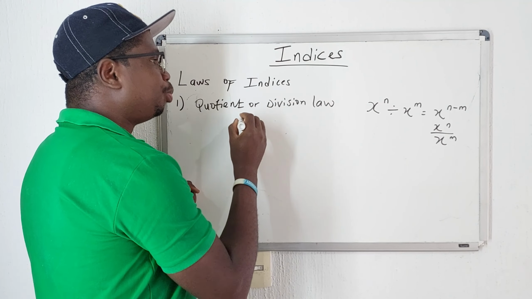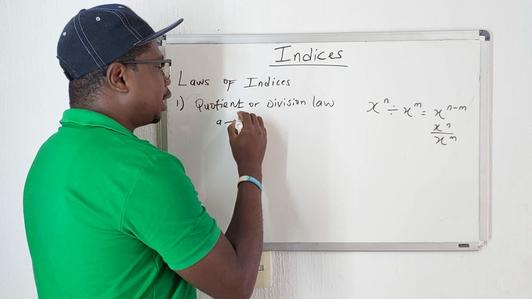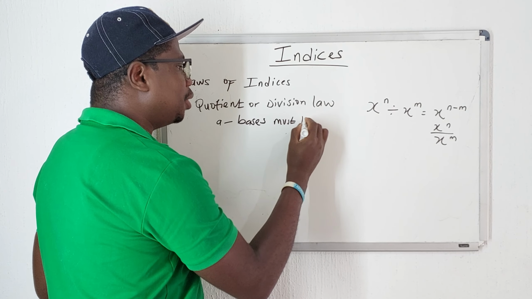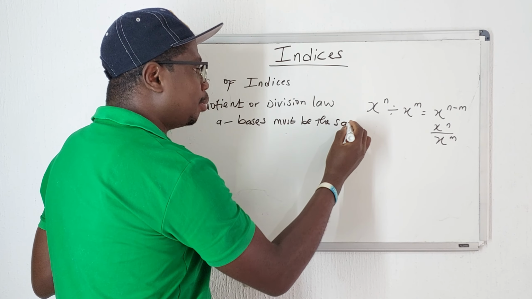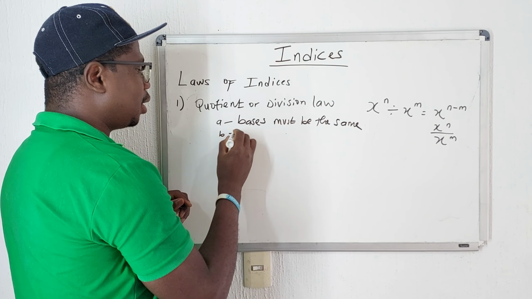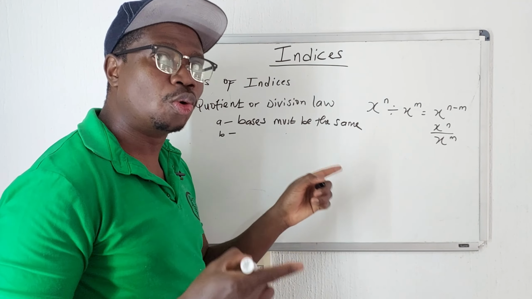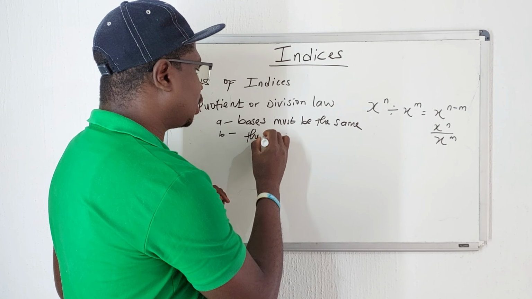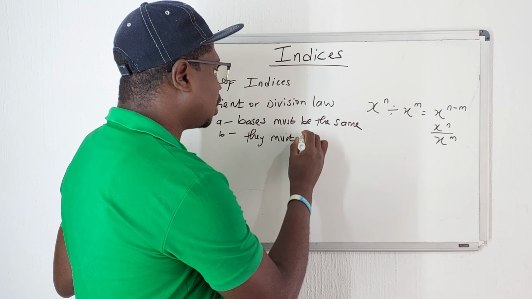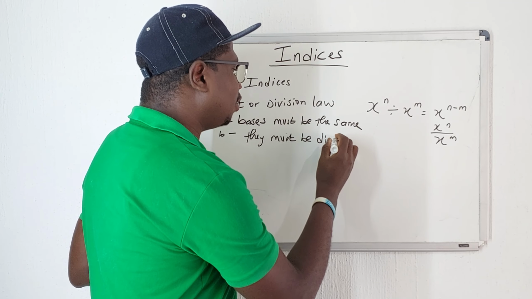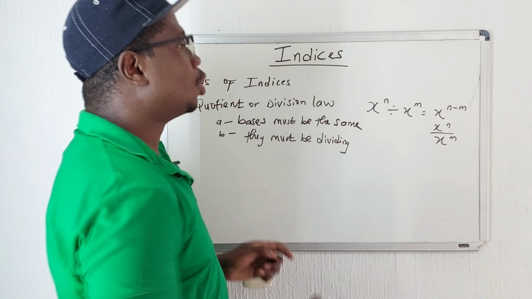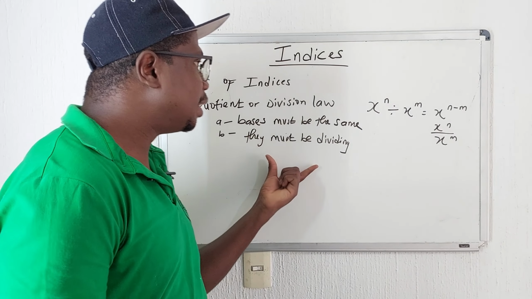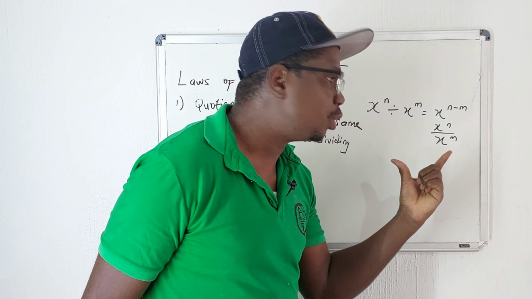For the quotient law, the bases must be the same, and they must be dividing. If the bases are not the same, we cannot apply this law, and if they are not dividing, we can't use this law.